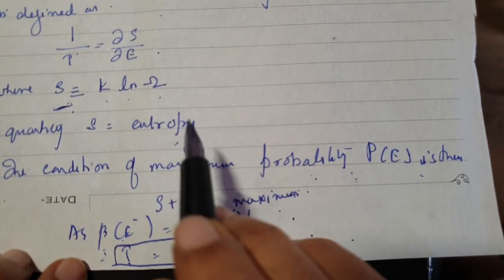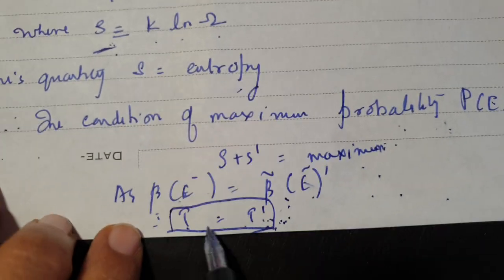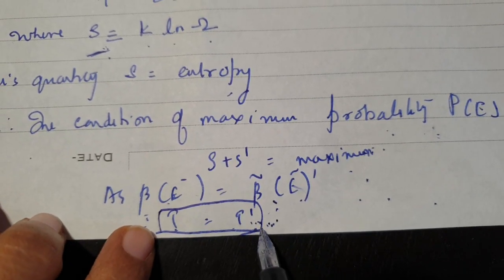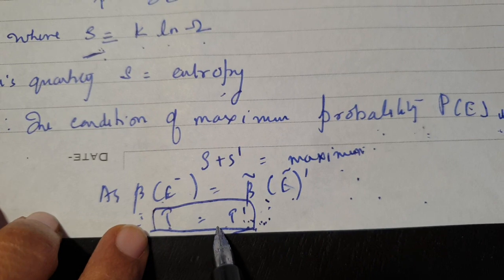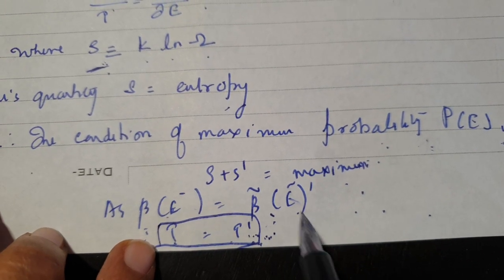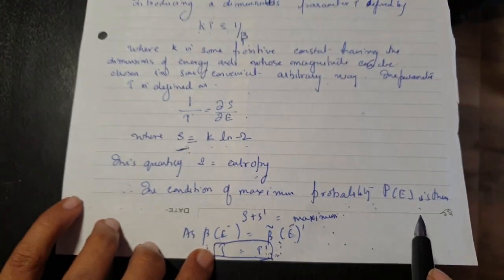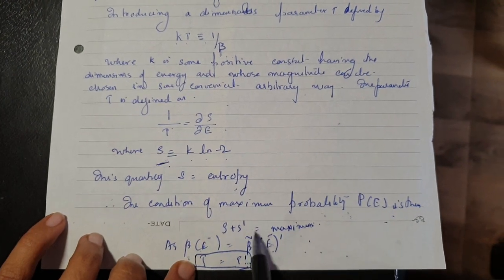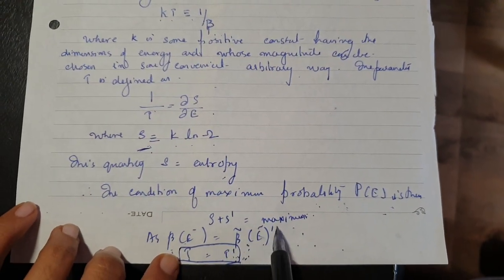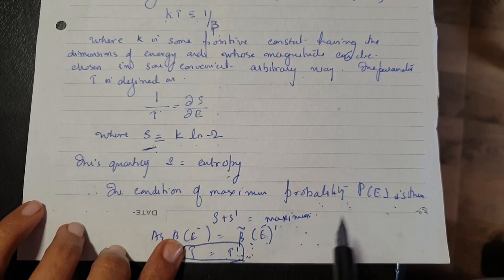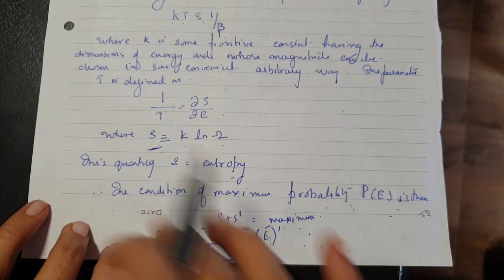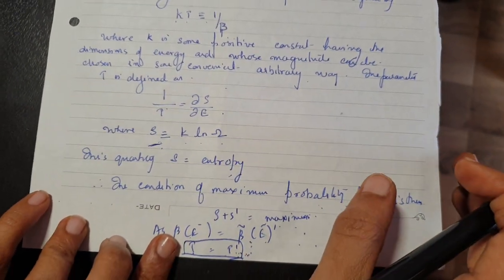So finally, T is equal to T dash, or the temperature of A is equal to the temperature of A dash, then the system has maximum probability, or S plus S dash is maximum. The entropy has to be maximum. You will understand this part better when we take the next topic on temperature.